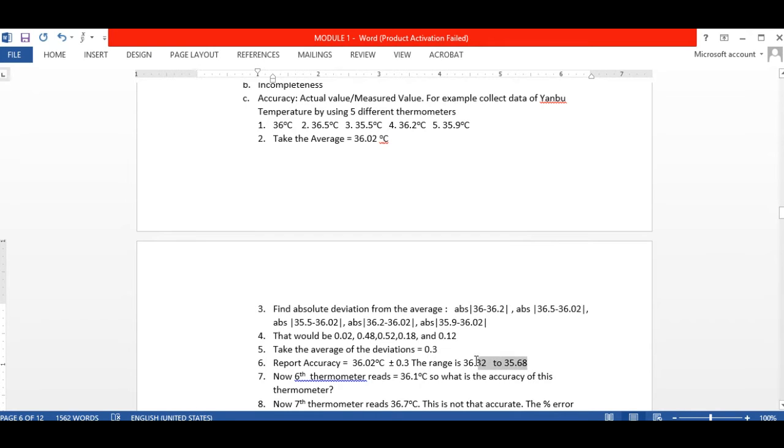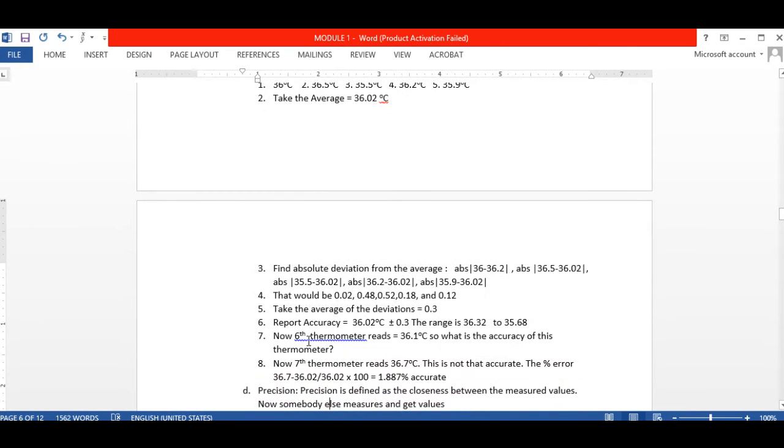So you establish this. Now you use the sixth thermometer, because I want to know how accurate this thermometer is. I measure the temperature with this thermometer, and I would like to know how accurate it is. Another thermometer I take, the seventh thermometer, reads 36.7 degrees.